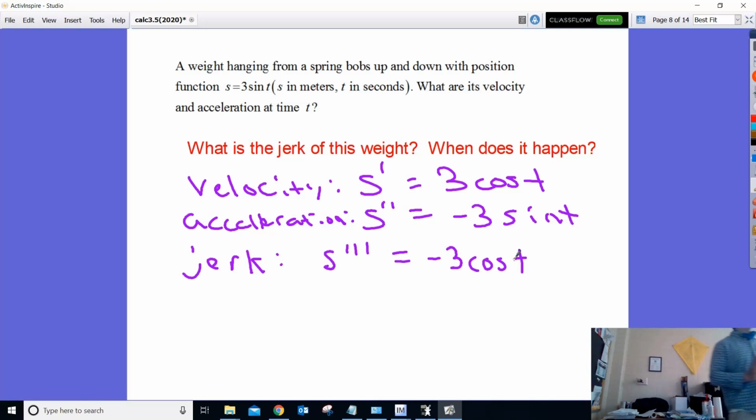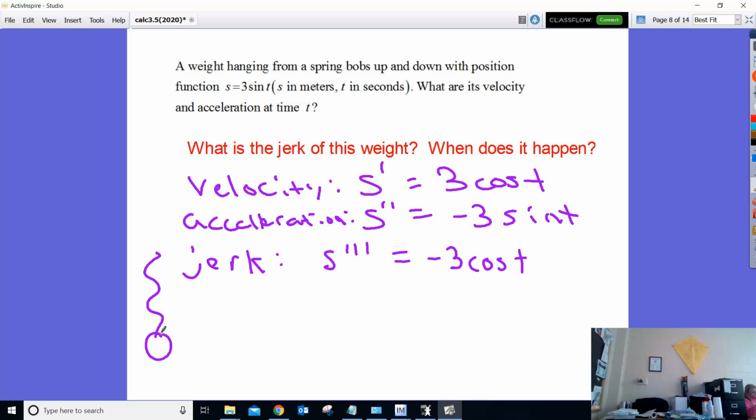Now this particular question is about a weight bobbing up and down on the spring. Okay? So if the spring expands as far as it can down, isn't it going to get jerked right back up? Okay.